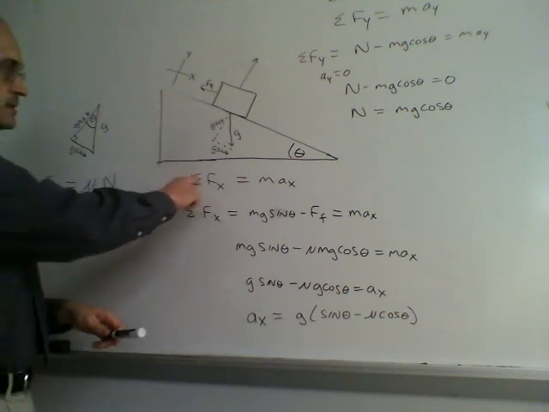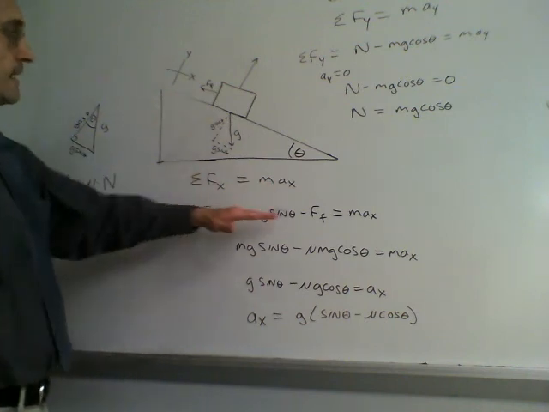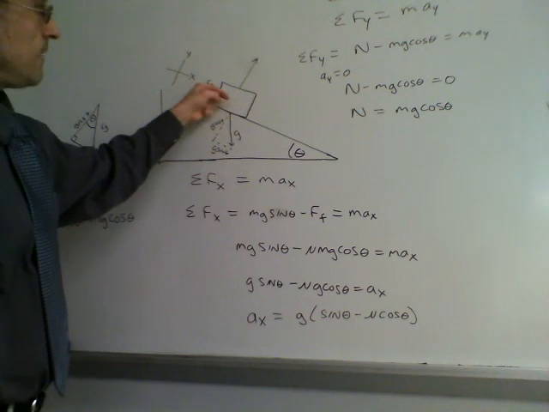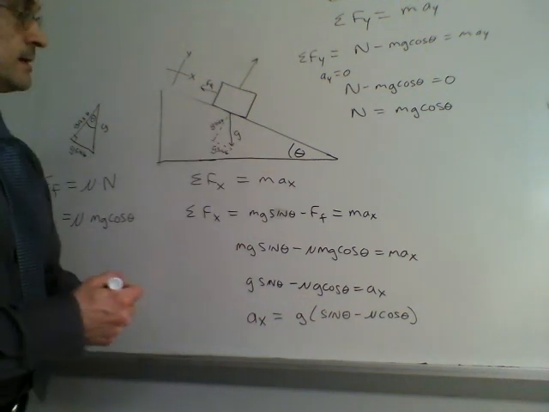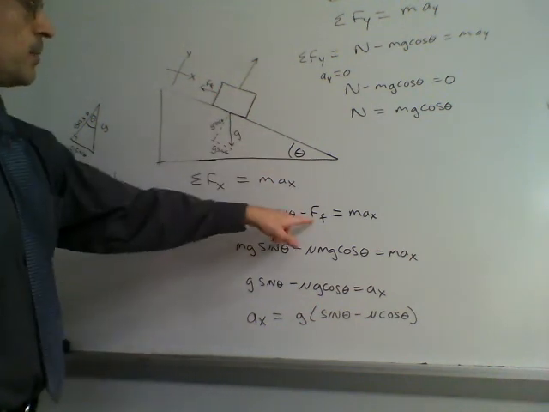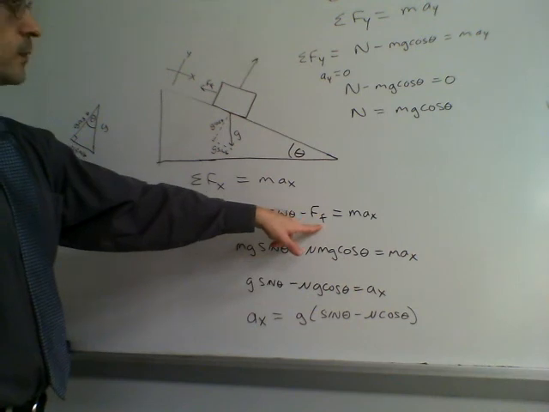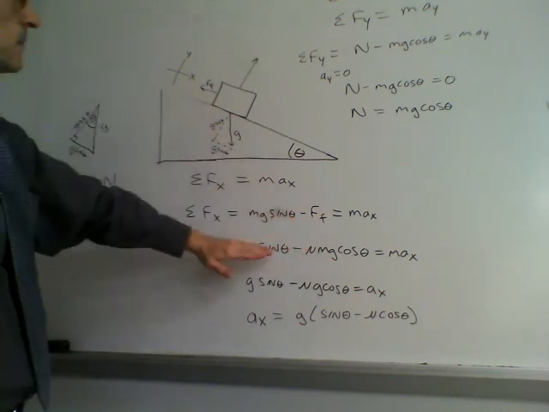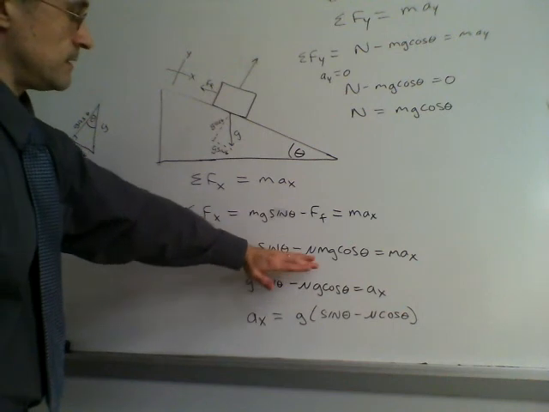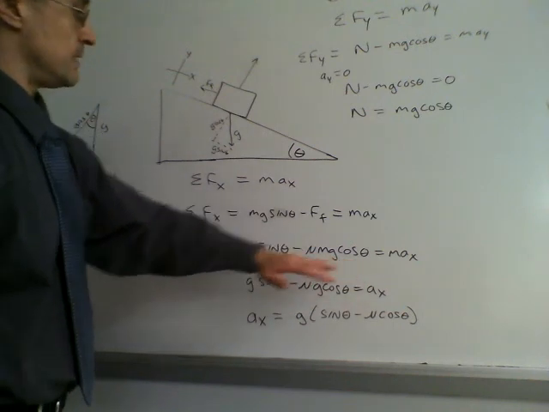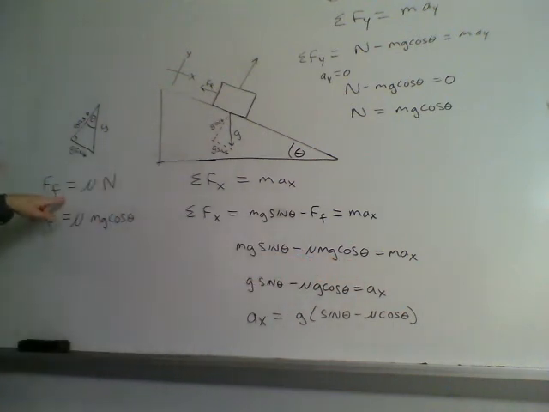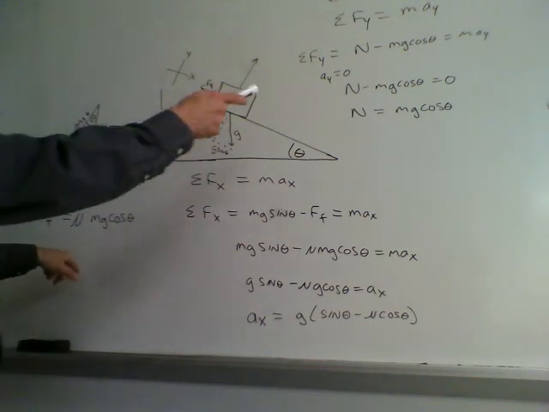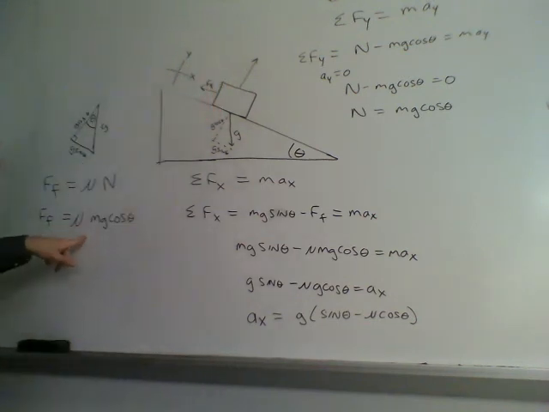When we looked at the forces in the x, we had mg sine theta, which is gravity wanting to accelerate it down the plane, but it's being opposed by the force of friction, Ff, which is always opposing your motion. So we had mg sine theta minus mu mg cosine theta, because we always define the frictional force as mu times the normal, and we found the normal by solving the y.